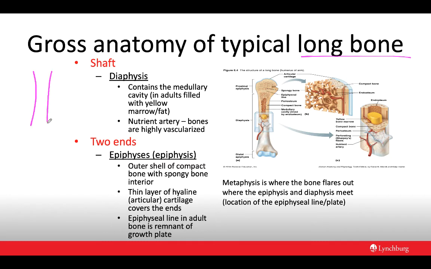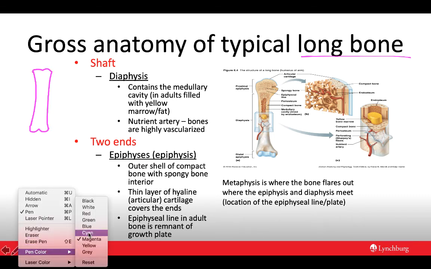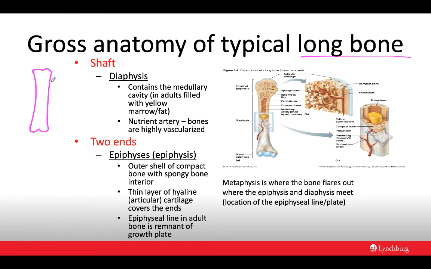If I just draw a generic long bone here, the main part of the long bone is going to be the diaphysis. And so that's going to be this part through here.